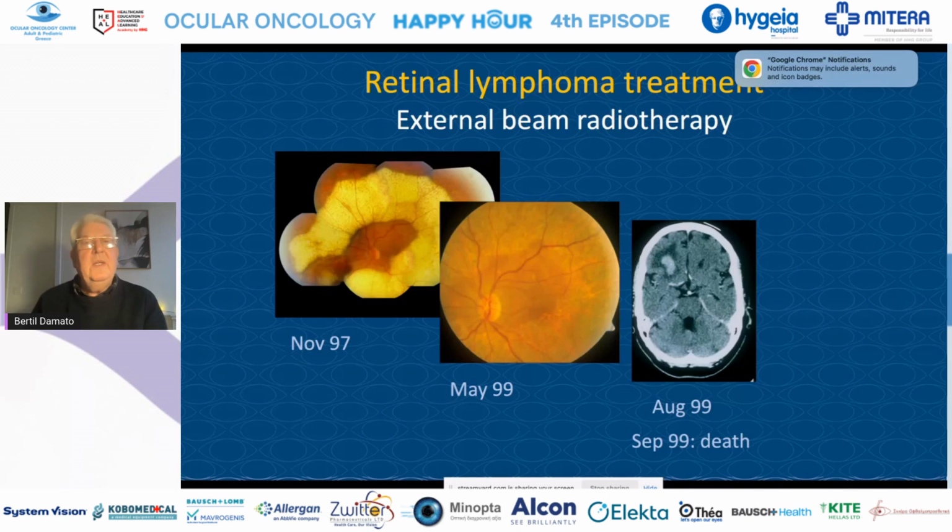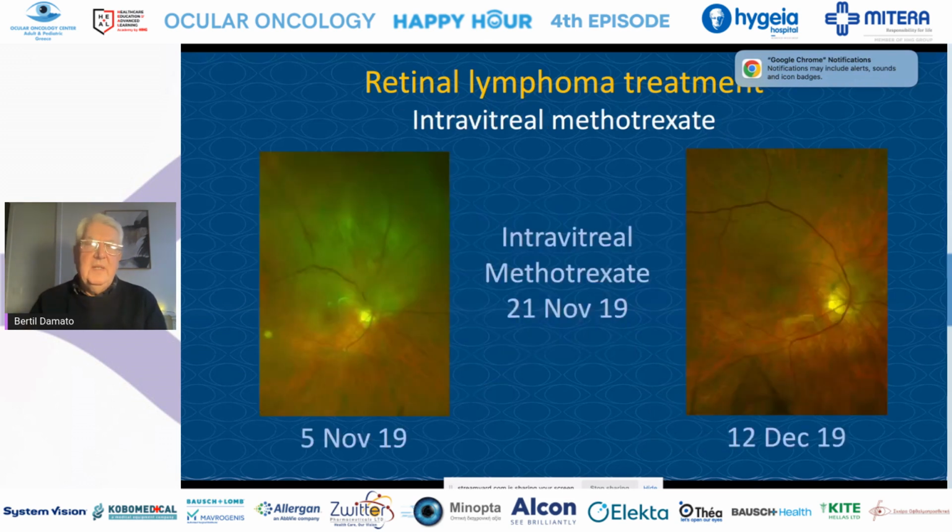With regards to therapy, there's different forms of treatment. Ocular therapy, there's external beam radiotherapy, and this is very effective, but you can get a recurrence. Here's a patient where the extensive retinal infiltrates disappeared after only one injection of intravitreal methotrexate. Usually this is given twice a week for a month, then once a week, and eventually less frequently.